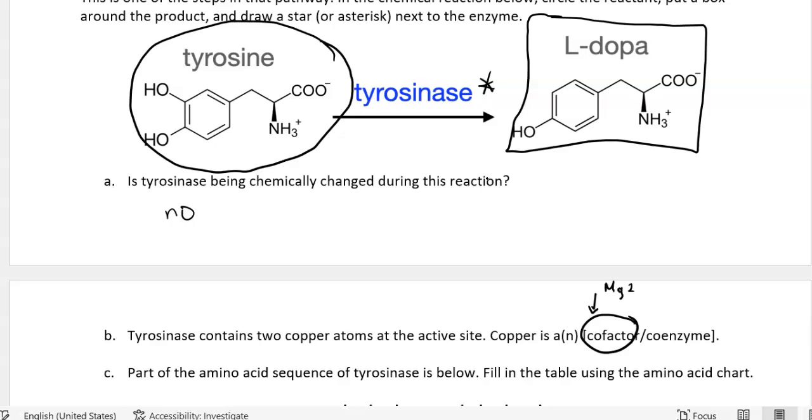Things like magnesium, copper, okay, iron. These are all cofactors, whereas coenzymes are our organic molecules, like the vitamins A, B, C, D, E, K. Those are coenzymes.